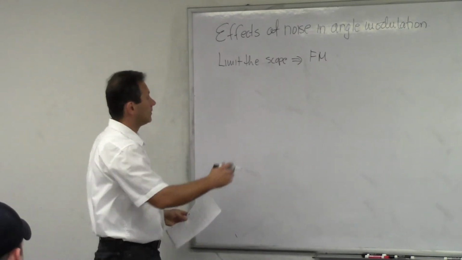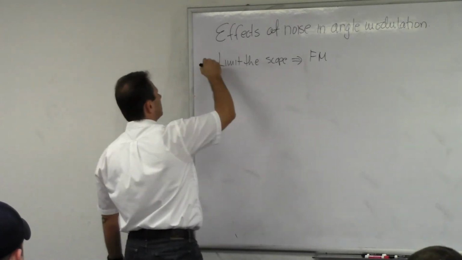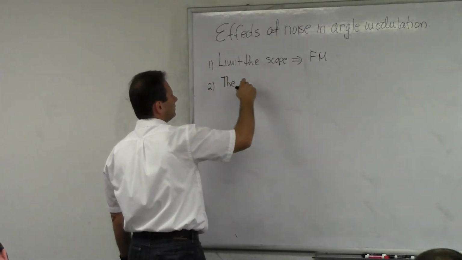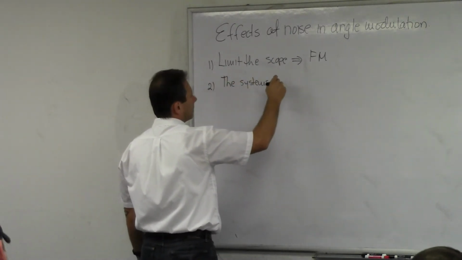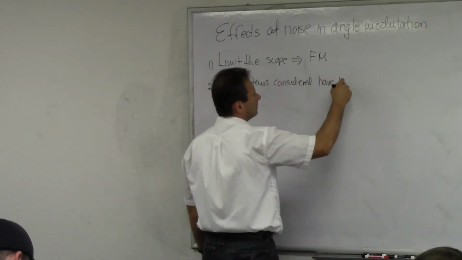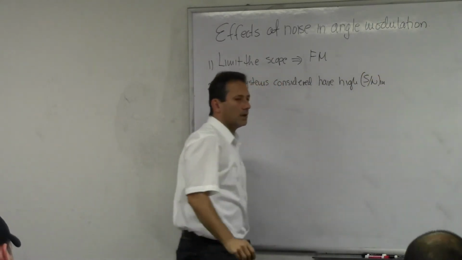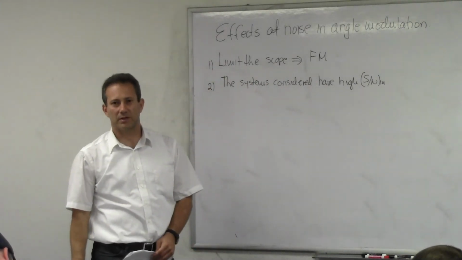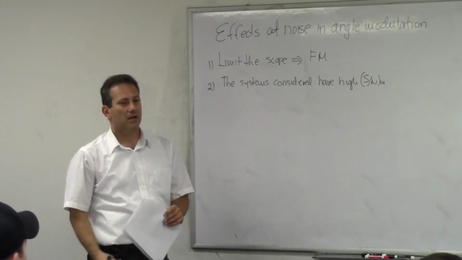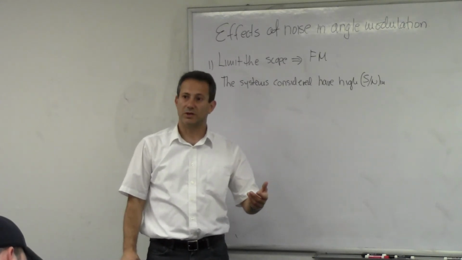So that's the first assumption, and the second is that the systems we consider have high signal to noise ratio at the input. So again, the same kind of assumption that I used in the double sideband large carrier with the envelope detector, I'm going to assume that you're working with relatively high signal to noise ratio in the input.